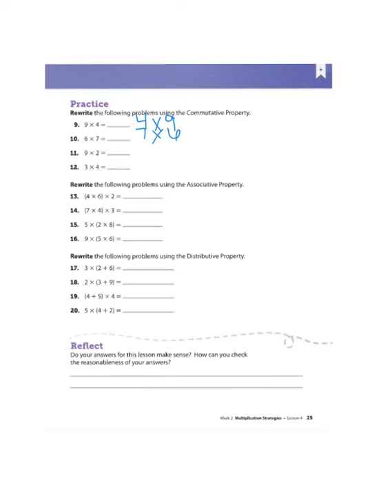On 13 through 16, we're going to rewrite the problems using the associative property. So this one does have parentheses, and we literally just have to take the parentheses and move them over. Okay? So you notice on the first one, problem 13, the parentheses are around 4 times 6. So I'm going to write it first, and then I'm going to move my parentheses. So this would be 4 times 6 times 2.